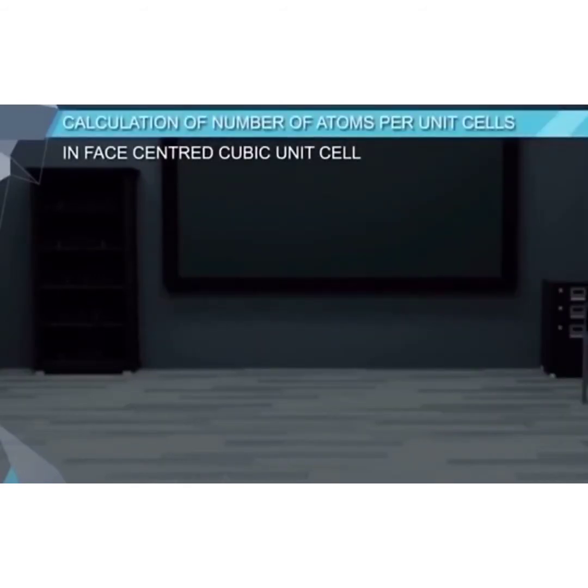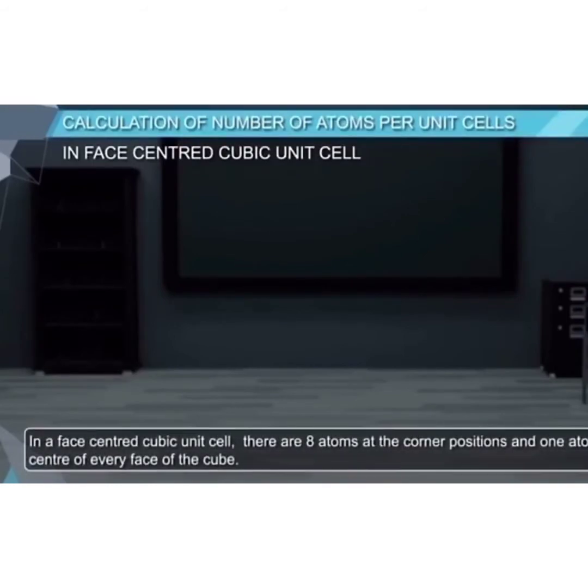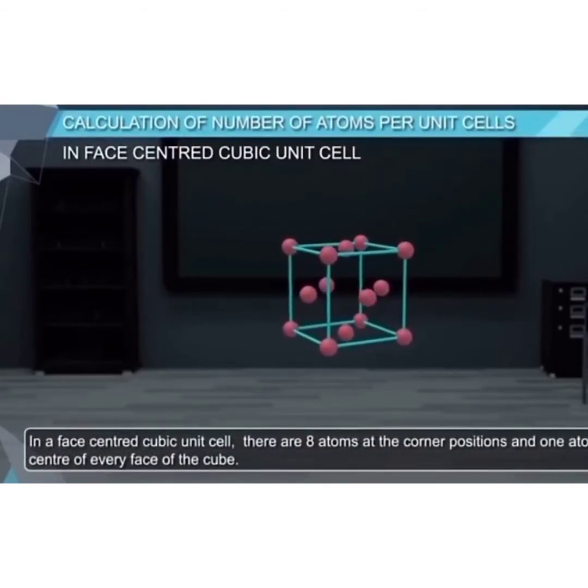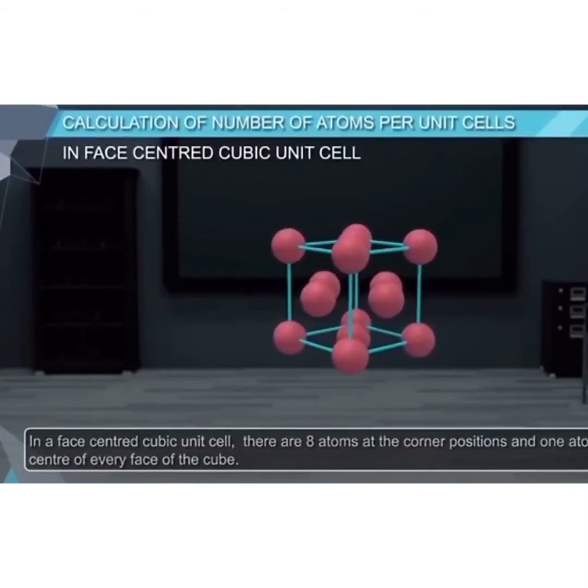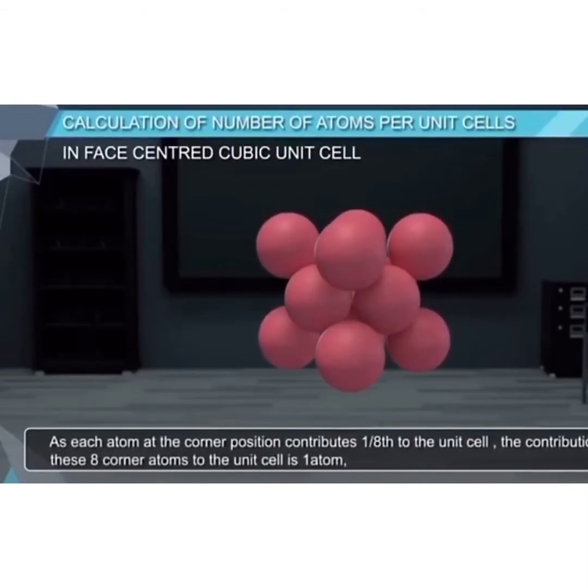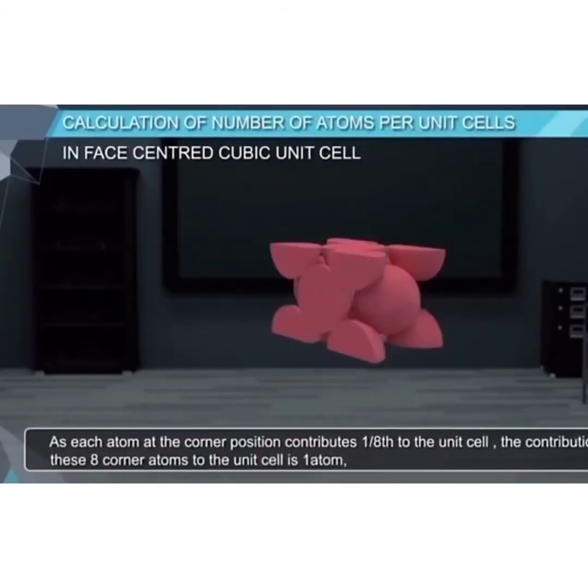In face-centered cubic unit cell, an atom is present at all the 8 corners and at the center of all the faces of the cube. Each corner atom contributes 1/8th atom to the unit cell.